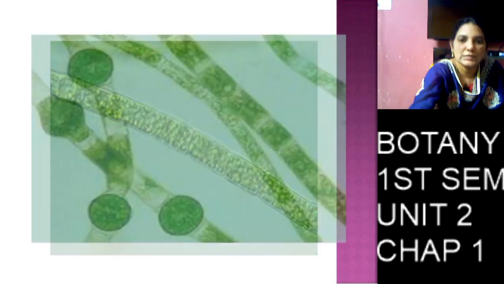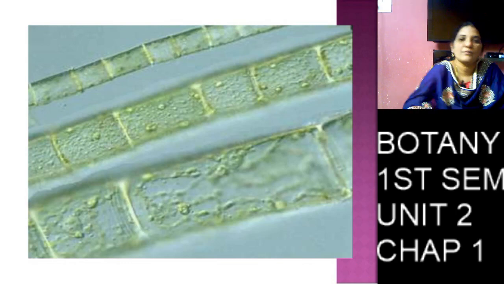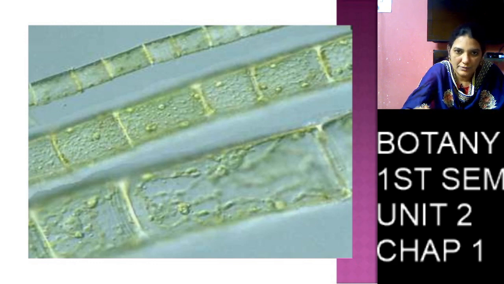We can see the next picture. See here, the reticulate chloroplast is present in the cytoplasm, with many pyrenoids. We can see in the diagram the round-shaped structures.